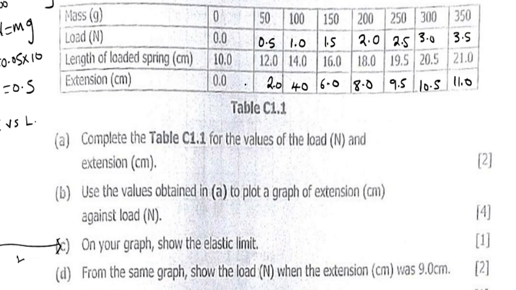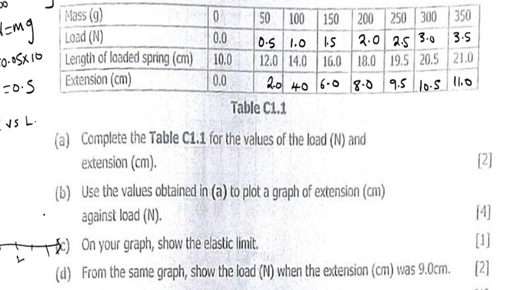Then the load is going up to 3.5. So I can say this is 1, this is 2, this is 3, this is 4. Then the extension is going up to 11. So if this is 1, 2, 3, 4, 5, 6, 7, 8, 9, 10, 11, it is going up to 11.